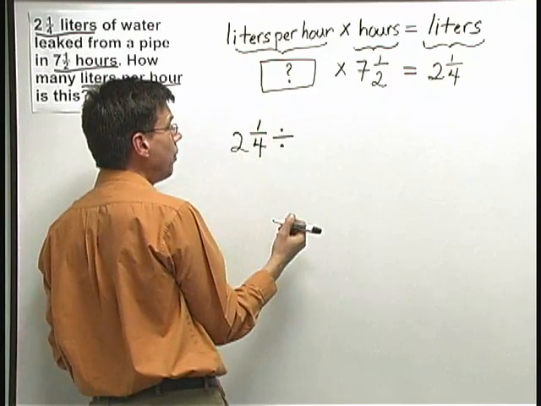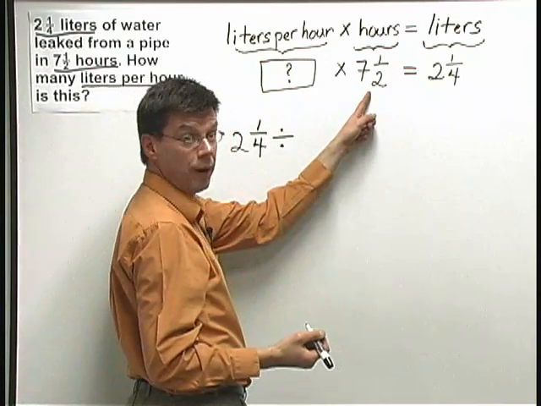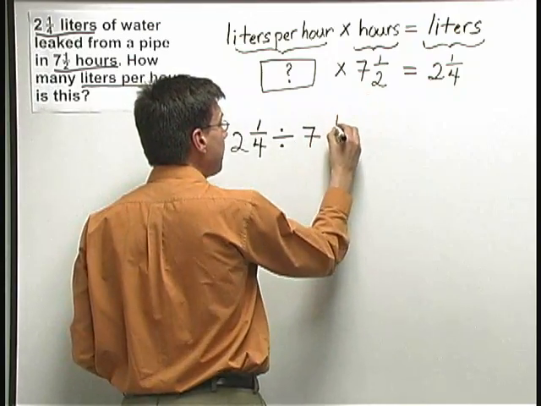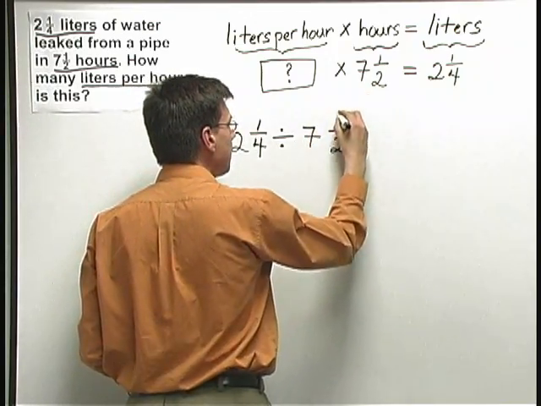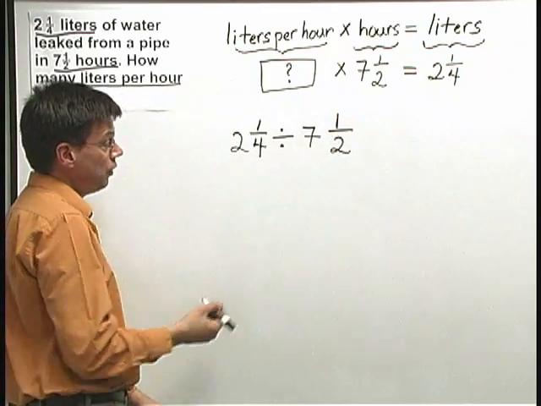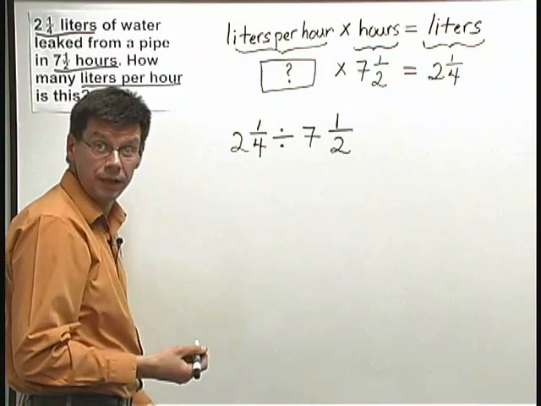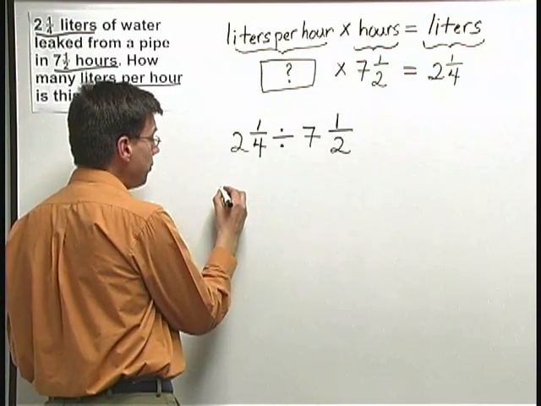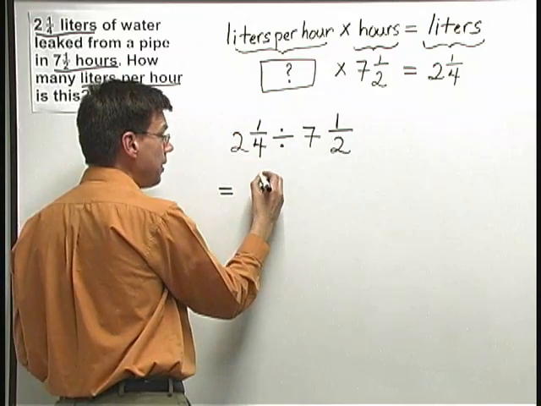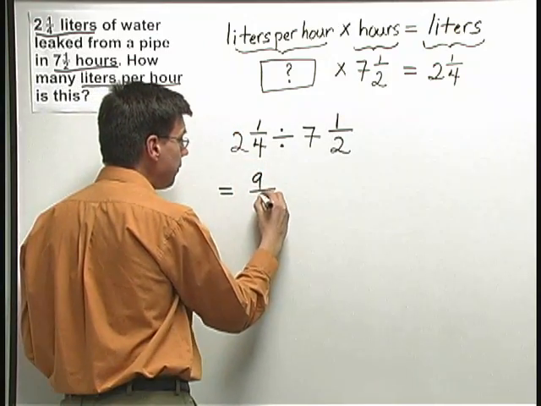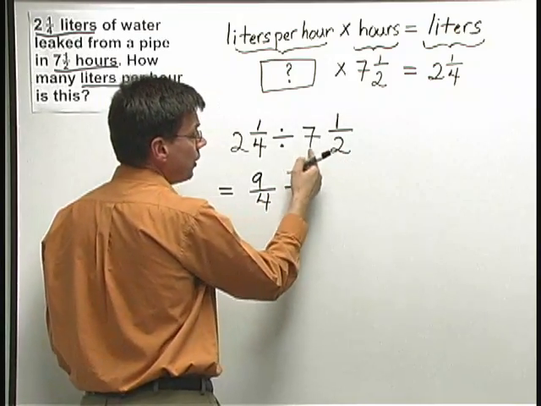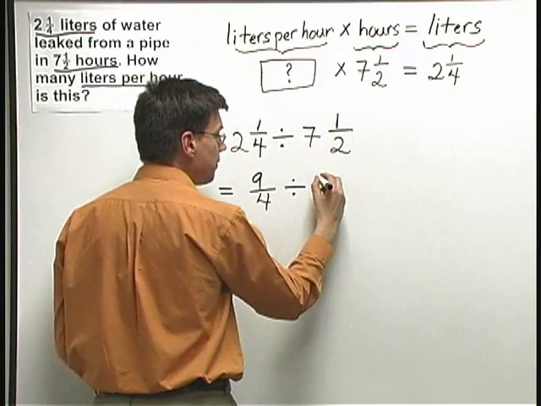So I take 2 1/4 divided by the multiplier I have. That's 7 1/2. And let's go ahead and do this division. Now to divide these mixed numerals, I need to convert to improper fractions. 4 times 2 is 8, plus 1 is 9. This is 9/4 divided by 2 times 7 is 14, plus 1 is 15.